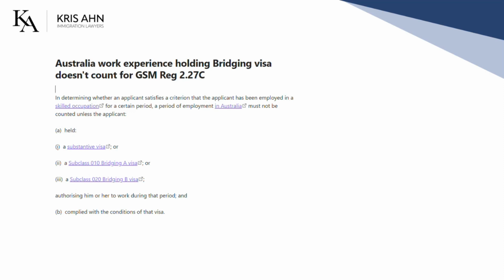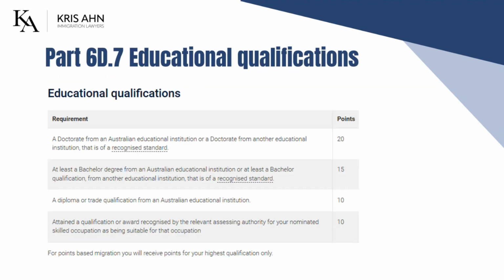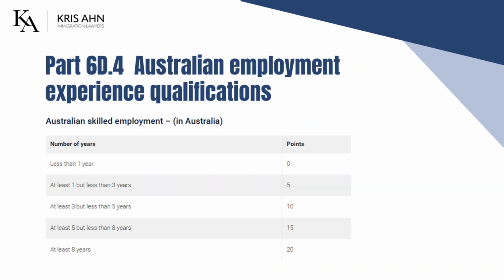So just remember that. Go back to the Australian points. How many points can she get? Because at least she's got 12 months, you can get at least 5 points. By the way, in SkillSelect, if you put in the start date, but you don't put in the end date, SkillSelect will update the points automatically as soon as she reaches 12 months. So maybe she's got like 11 months and 2 weeks or something. Another 2.5 weeks later, you'll get an email from SkillSelect saying that your EOI points have been changed, please check.